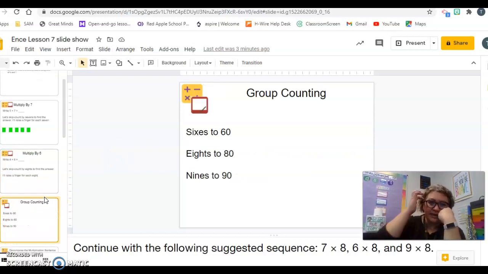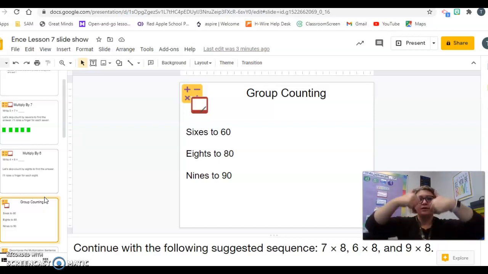Okay, let's count by 6s to 60. Start at 0. Here we go. 0, 6, 12, 18, 24, 30, 36, 42, 48, 54, 60. Okay, now 8s to 80.